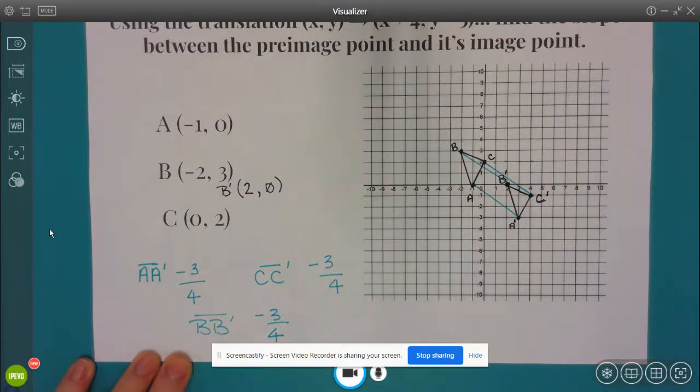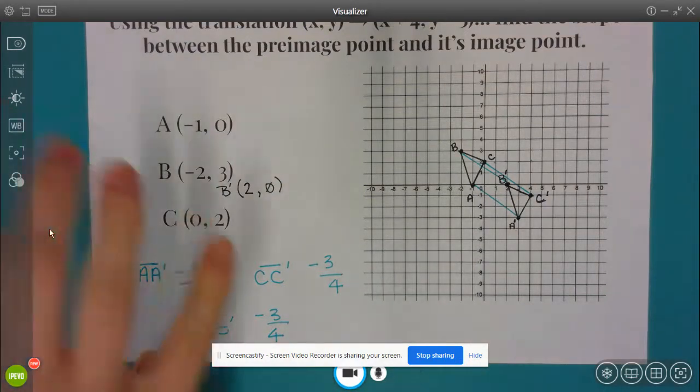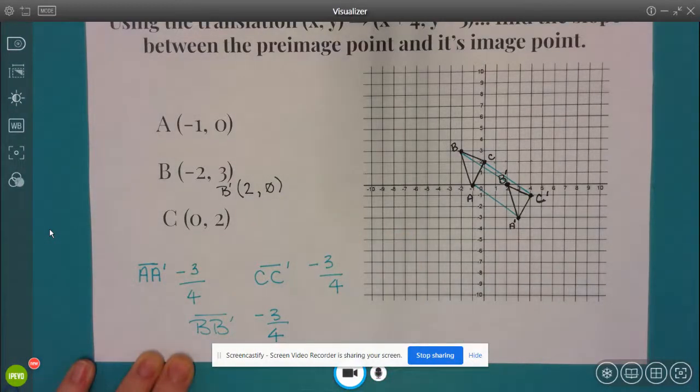However way I'm translating this graph, it's moving in a direction that creates these parallel line segments. And that's one of the important things to remember about a translation. It's this parallel movement where everything should create these parallel line segments.